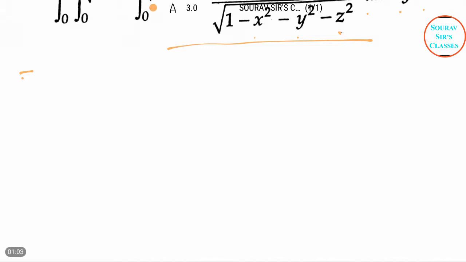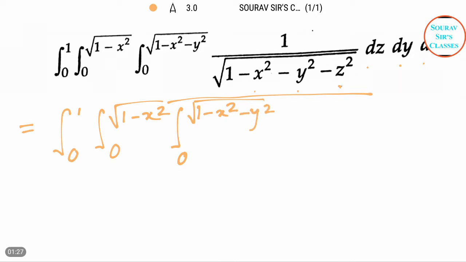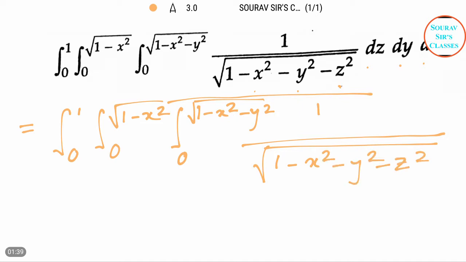That is equal to integration 0 to 1, integration 0 to root over 1 minus x square, integration 0 to root over 1 minus x square minus y square, now 1 by root over 1 minus x square minus y square minus z square, and here is dz, dy and dx.